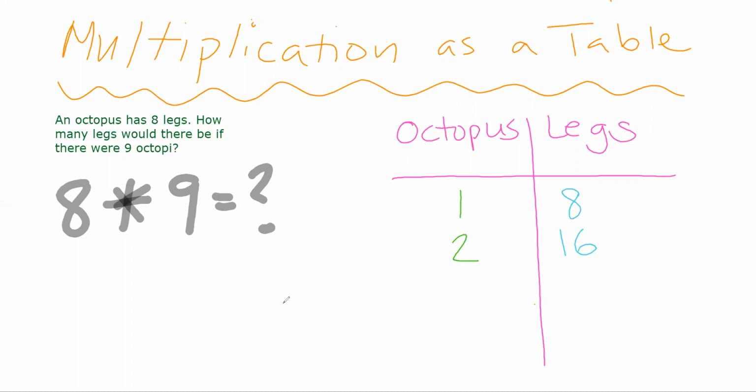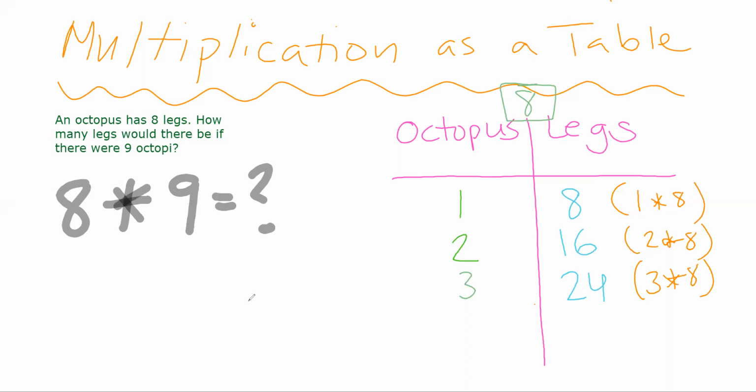To help think about that, that would be 1 times 8, and this is 2 times 8, right? Because the main number we could be thinking about is 8, because that's the consistent. Every octopus has 8 legs. So we could continue to build this out. This would be 3 times 8, right?